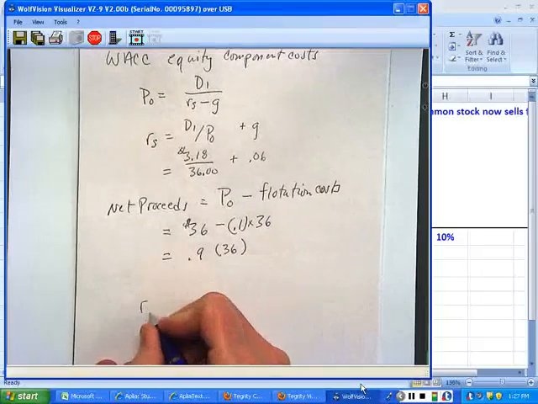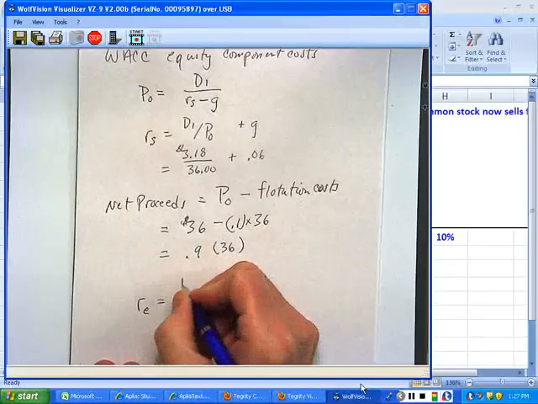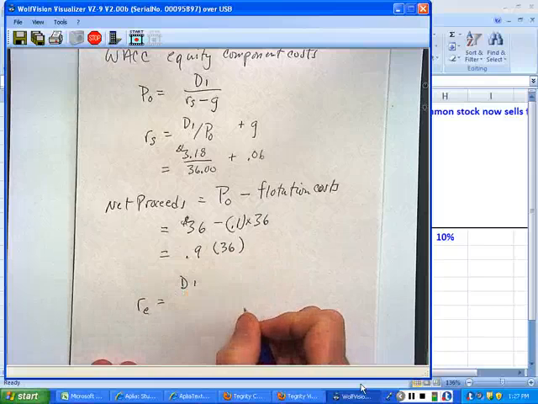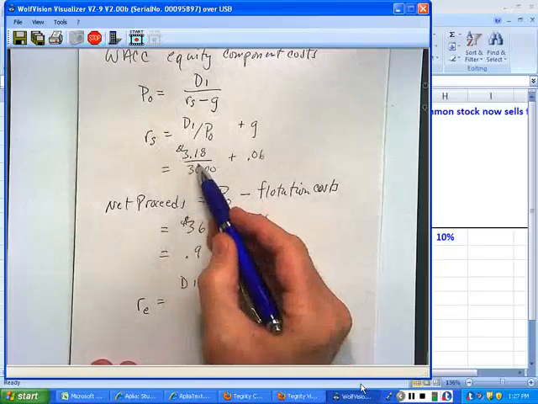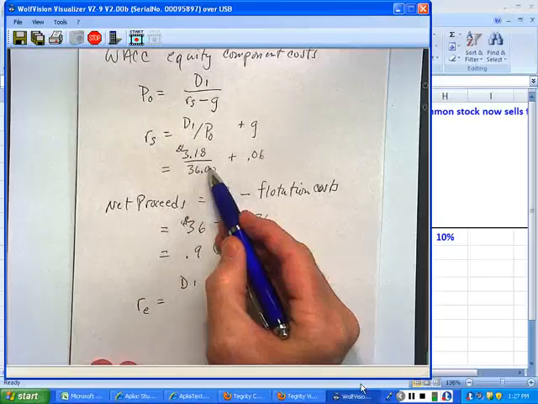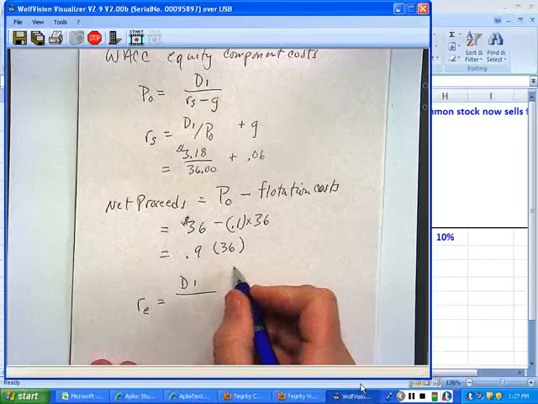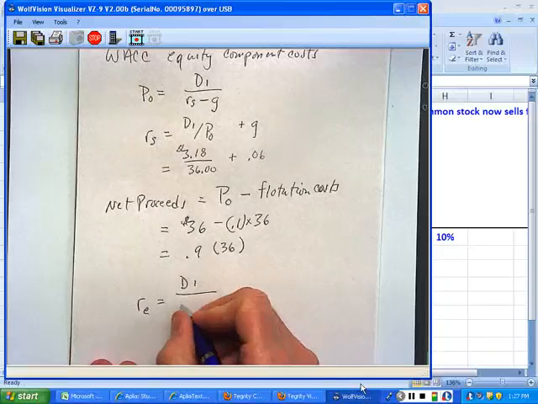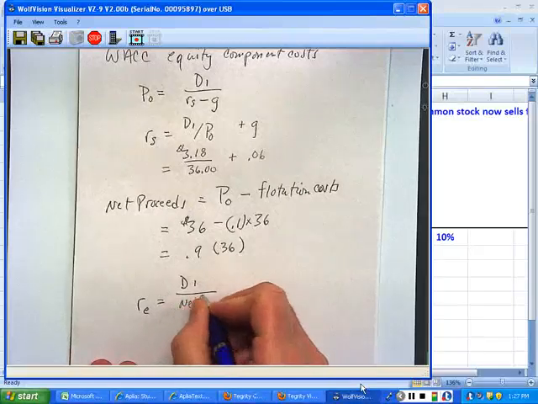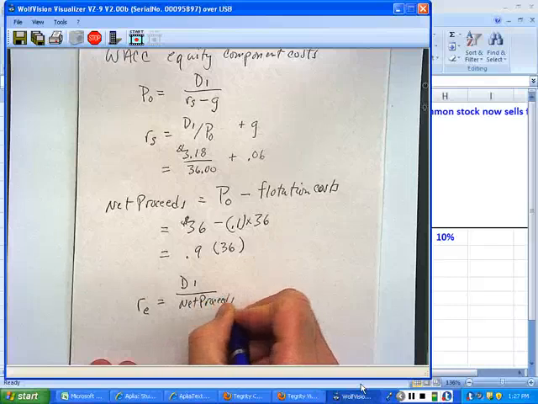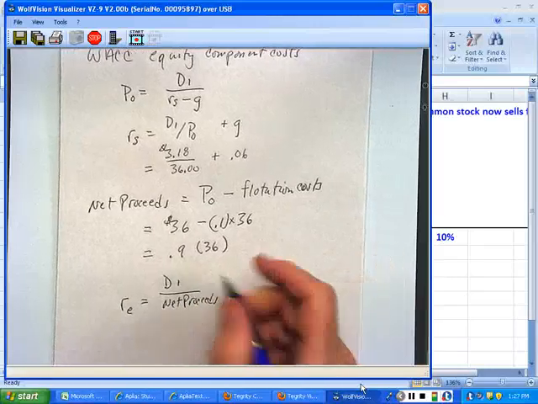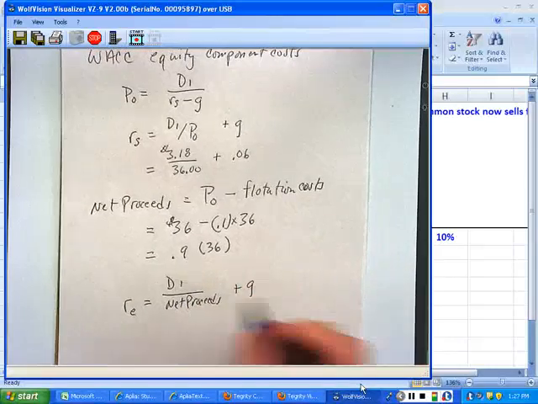So when we're looking at R sub E, they're all going to get D sub 1. But what we need as a rate of return is not relative to the 36 because we're not receiving that, it is relative to the net proceeds. So the net proceeds would be entered in place of the price, and then we still have the growth rate in there.